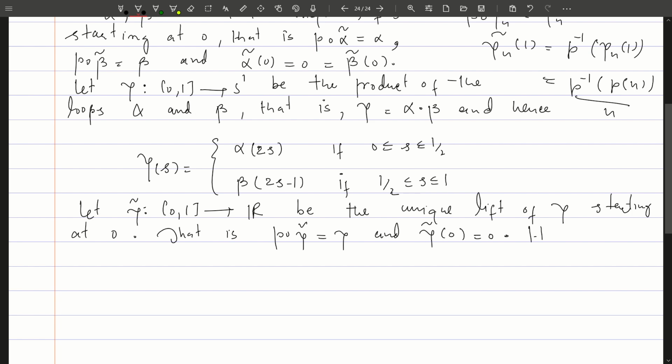Hence, this gamma tilde of s will be a path like this.